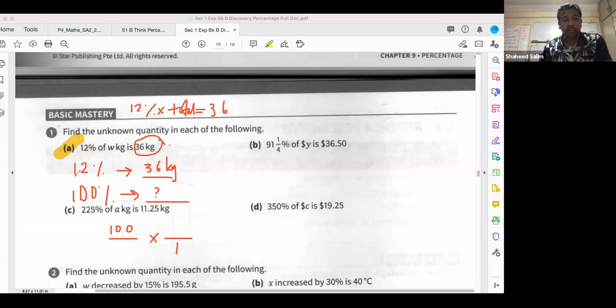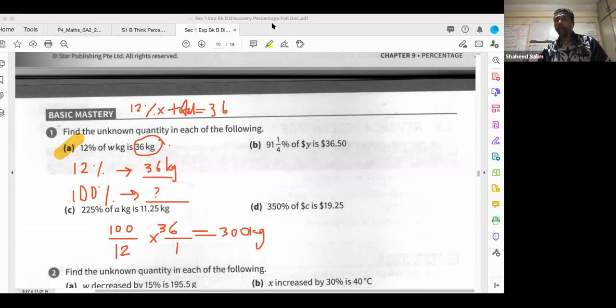So below, the percent here is 12. 36. What do you get? I think you will get 100 divided by 12, 300 kg. Okay, we move on.